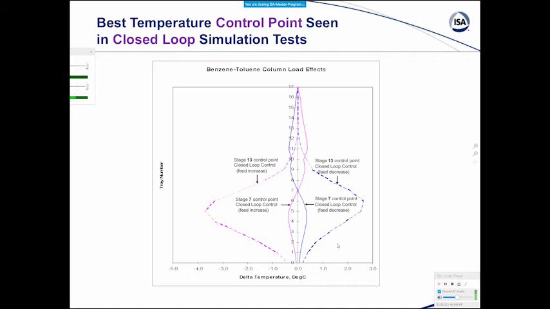Here we've decided we have a temperature controller, and now we're going to have stage 7 as the process variable, and then compare what happens if we have stage 13 temperature as the process variable. Well, we see with the solid lines the effect of controlling stage 7. Of course, if you're doing good control, it's right on at tray 7.